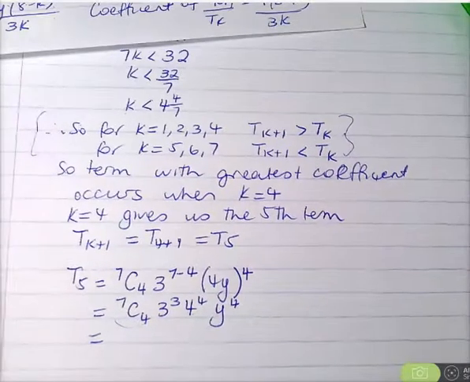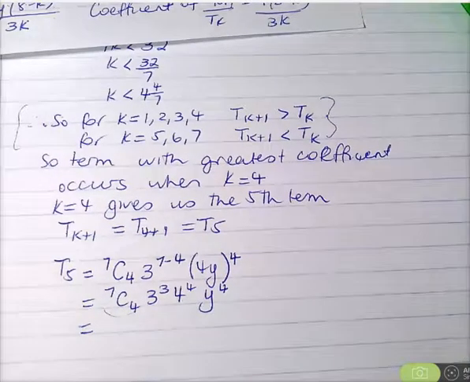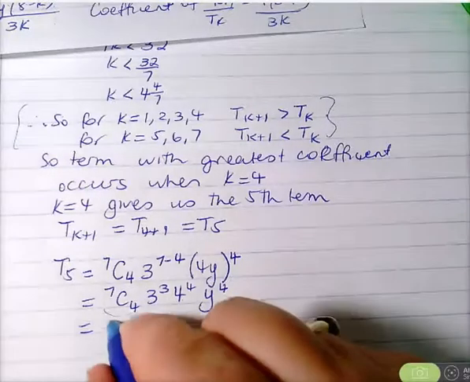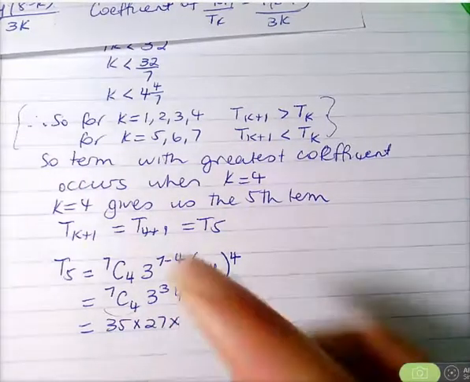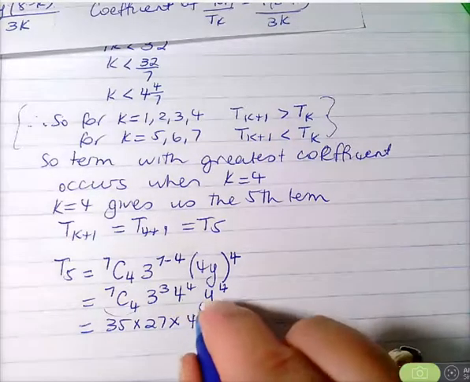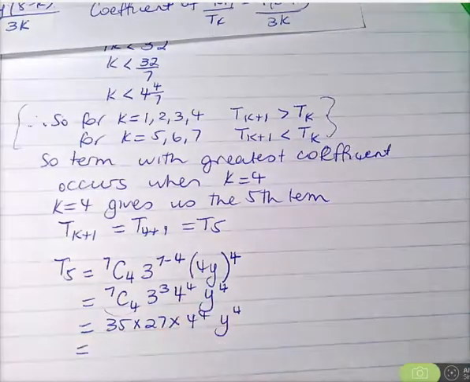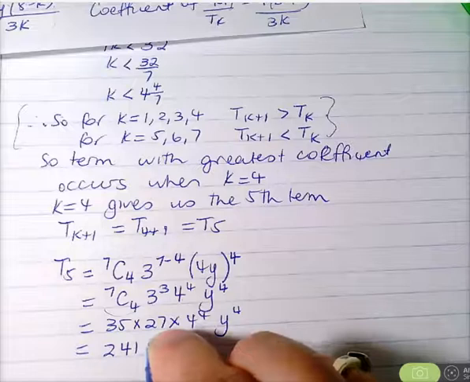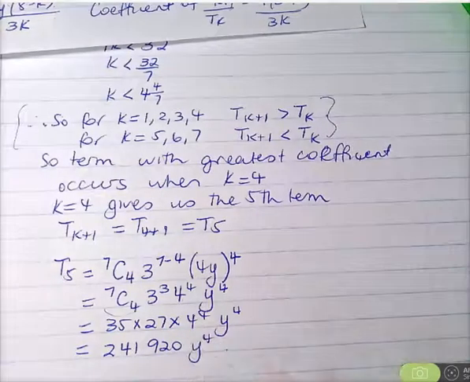So just working out what 7c4, 3 cubed, and 4 to the power of 4 is. Just do that on the calculator. So we've got 7c4, which is 35, times 27 times 4 to the power of 4. Now that's pretty big. Times y to the power of 4. So I end up with 241,920 y to the power of 4.